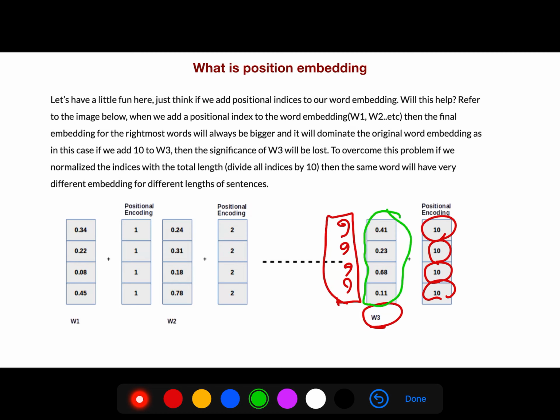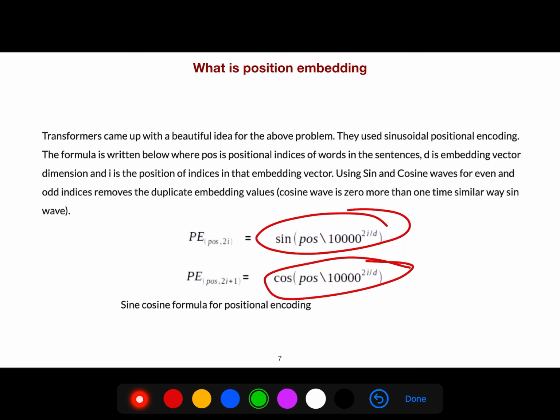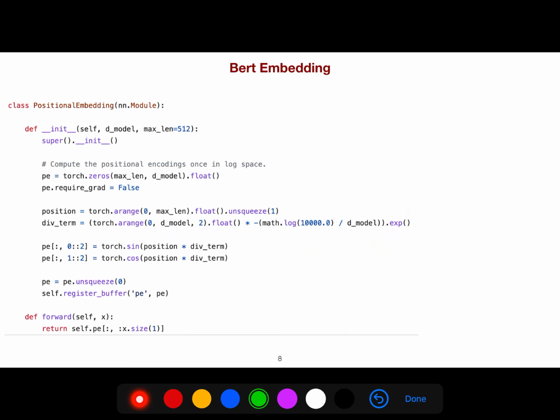If you know electrical engineering, we want the signal to noise to be high. We don't want the noise to corrupt the signal, dominate the signal and destroy the signal. That's why this beautiful idea of position embedding comes to the rescue. It's like scaling so that it works fine.